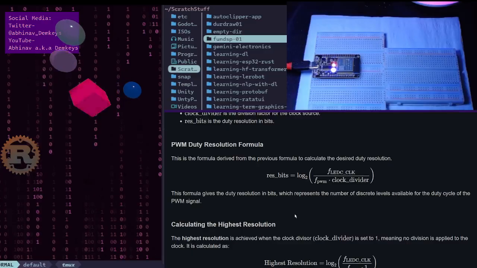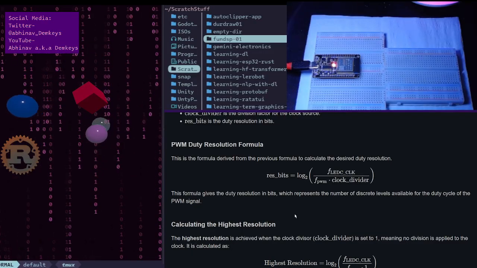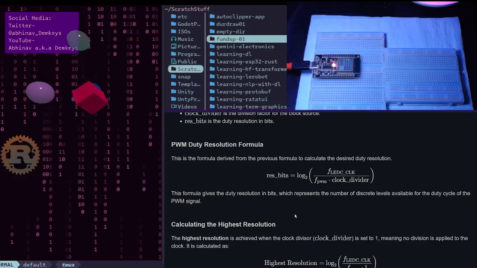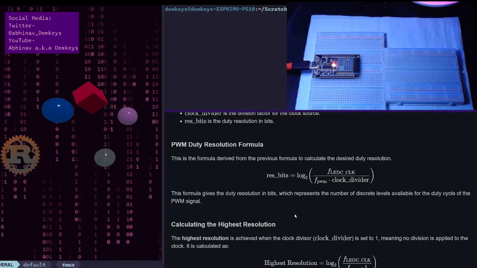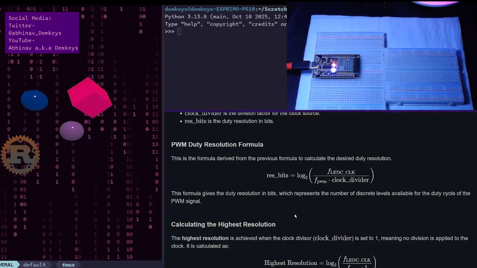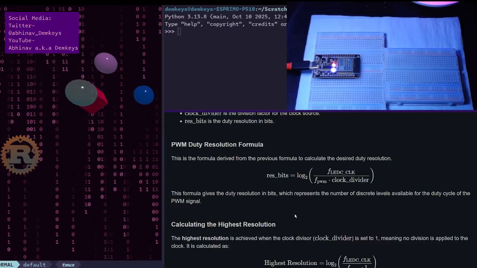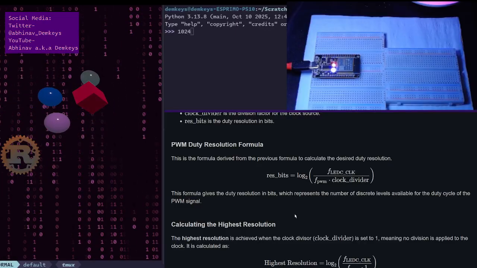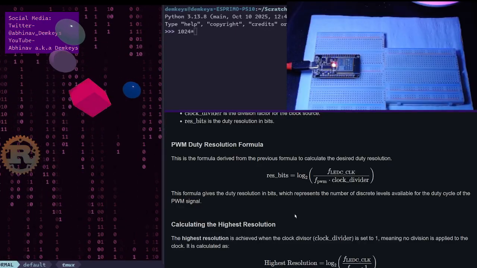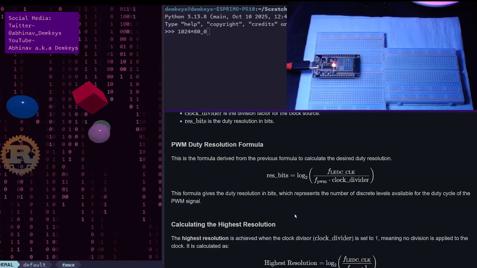If it is 80 million, okay, let's go here, I guess. Let's do Python 3.13. Let's say we give 1024. Yeah, 1024 multiplied by this and this and this.